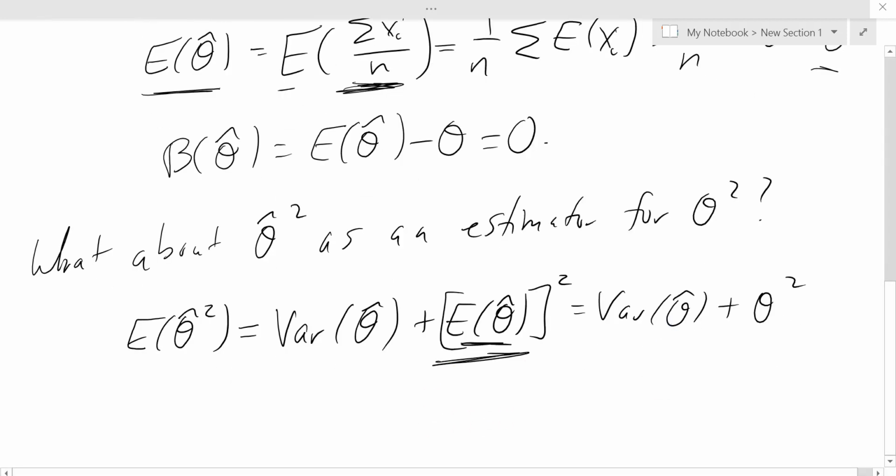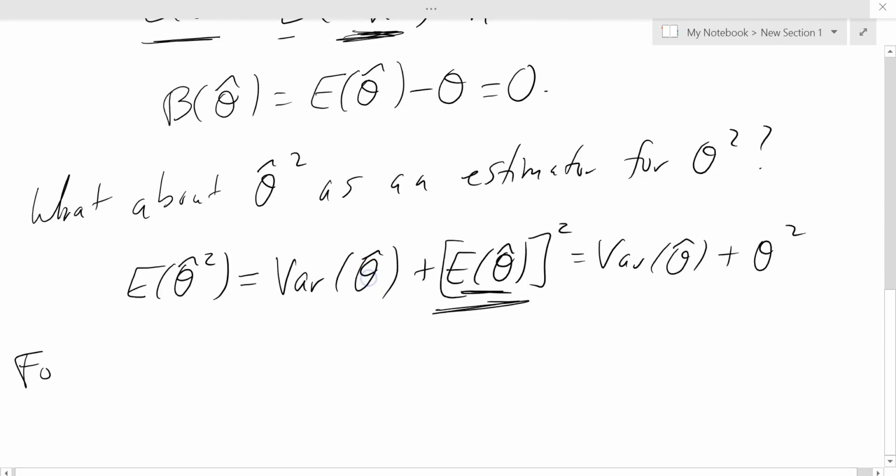So this would say that, and notice that this has nothing to do with the exponential distribution, by the way, this is a true statement, period.